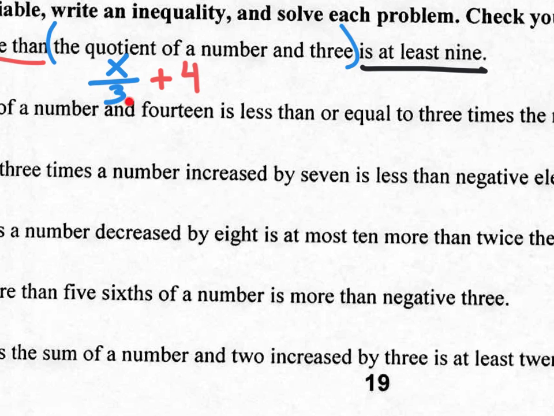So what this is saying is that this has to be at least 9. So you guys just said this has to be 9 or over. What does that mean in terms of an inequality? Well, here's a 9. This is what compared to 9? Greater than or equal to. That's right. Greater than or equal to. And ladies and gentlemen, that is your inequality that you still need to solve.